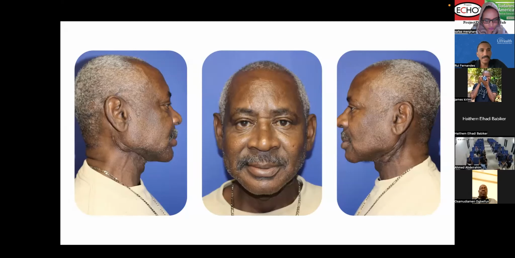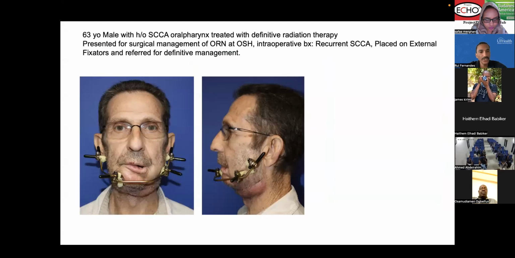This gentleman, on the other hand, is 65, pretty much the same thing. So he went to his surgeon, who was going to do the resection and mandibular reconstruction for his osteoradionecrosis. However, during that surgery, he took some biopsies and saw that the patient had recurrent disease.